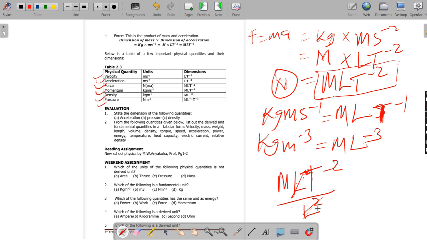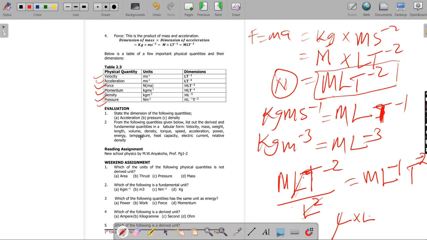There is one L that will be left because L square is like L times L. So if one L cancels, one will be left. So we're going to have M, and this one L that was left over. So that will be ML minus 1, and then our T minus 2, which is already here. Do you understand? If you don't understand that, you can play it over again to understand it better.